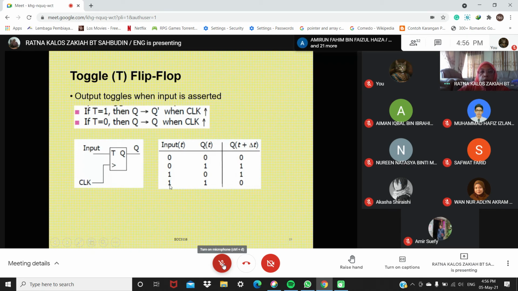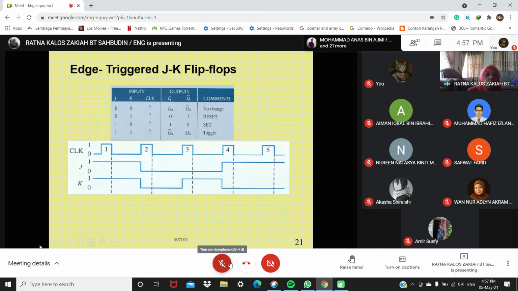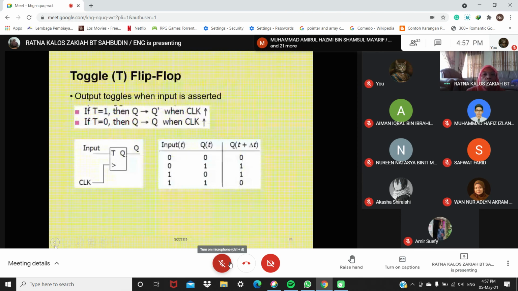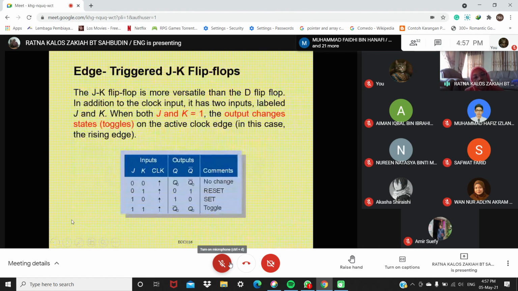When input is 1, Q is 1, next state is 0. So you will have a better picture when you do some exercise later on. And then next one is JK flip-flop. Okay, we stop here. Any question before we start?